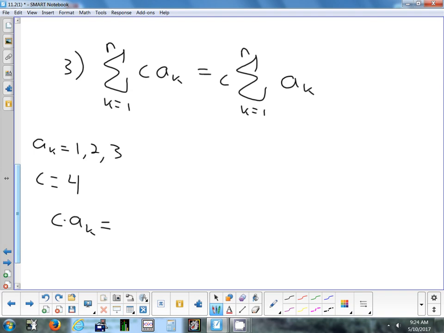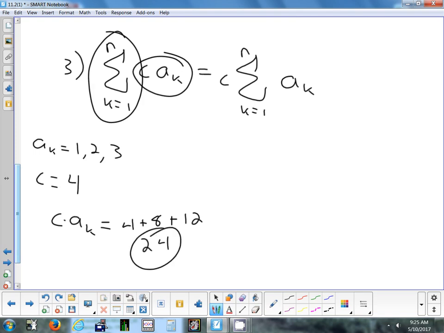What's 1 times 4? Now do 2 times 4. 8. 3 times 4. 12. So we just did this part. We took the sequence and we multiplied everything by C. Now this part says add them up. So yeah, we get 24.